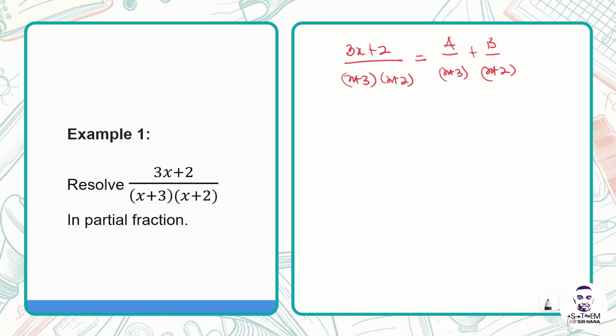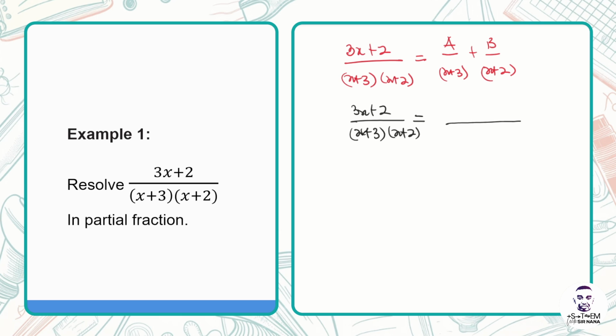So we would consider the right hand side of the equation, because for the left hand side we can't do anything about it. So we'll write the left hand side, 3x plus 2 all over (x plus 3)(x plus 2), equal to the right hand side. We want to find the LCM.